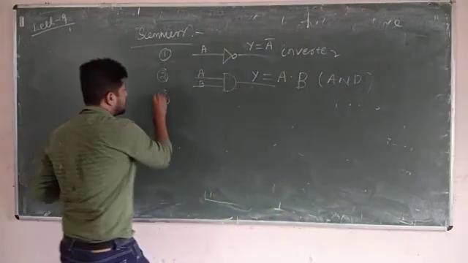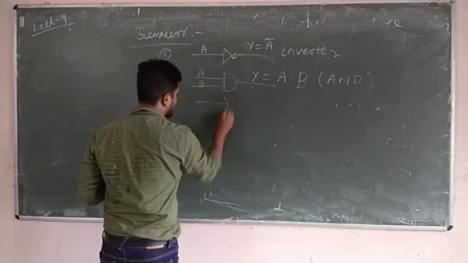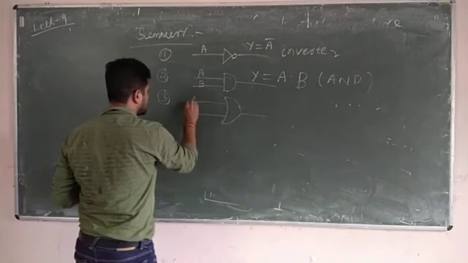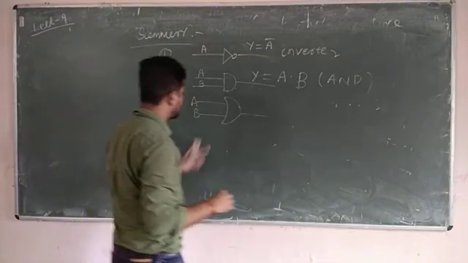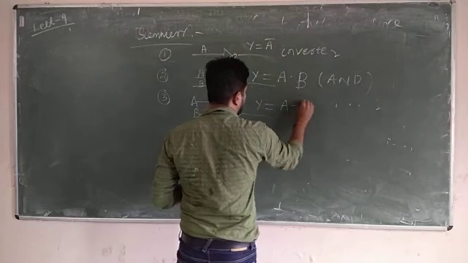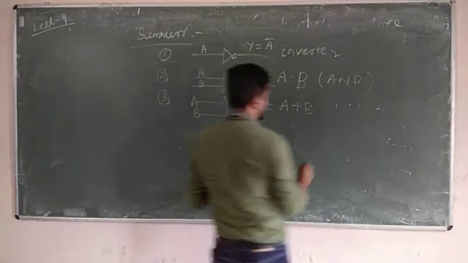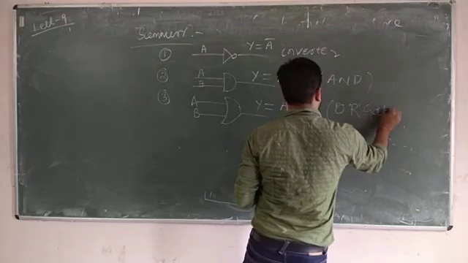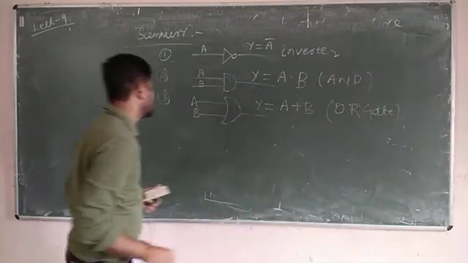Then you have studied about the OR gate. This is the symbol for your OR gate, and the expression for your OR gate is A or B. This is your OR gate.